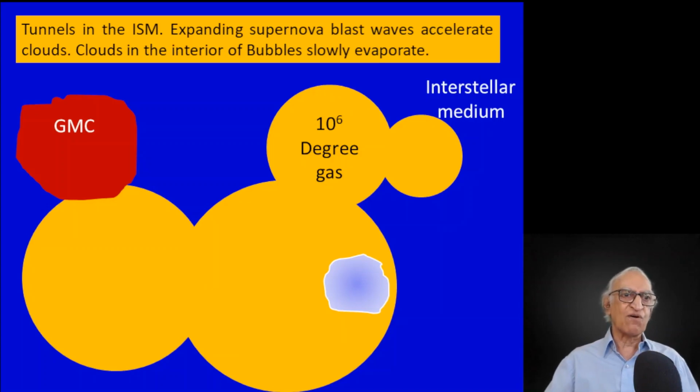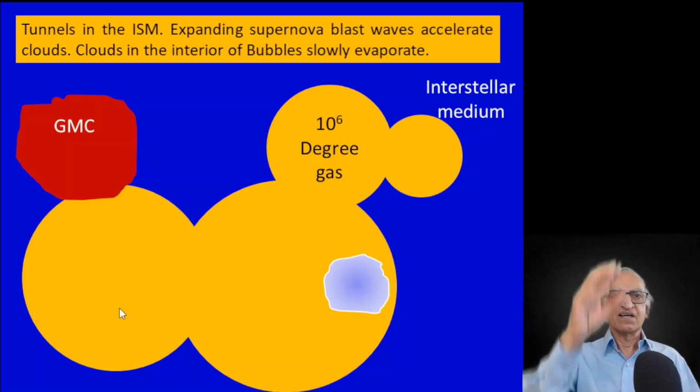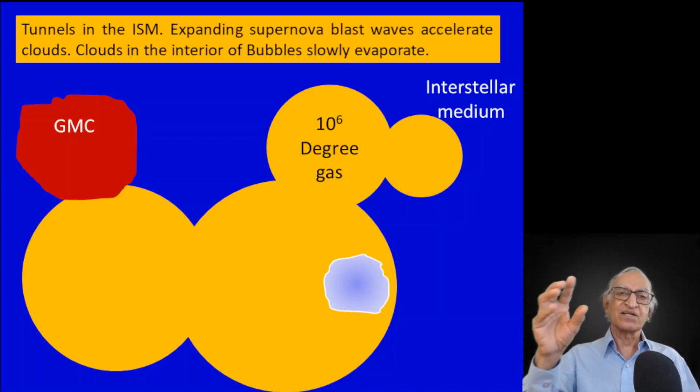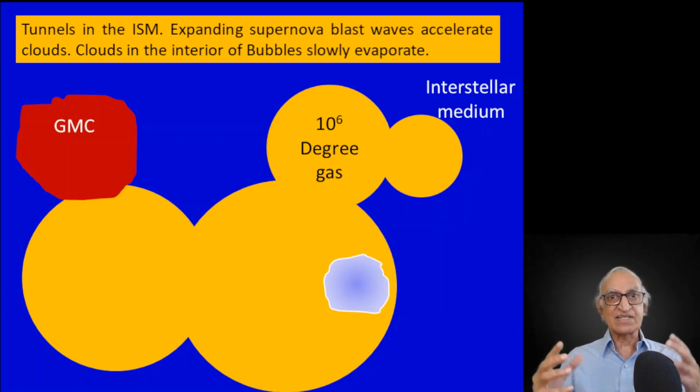And what you will form are tunnels in the interstellar medium, long tunnels. And what do you have in the tunnel? You will have swept up, compressed, million degree or 10 million degree gas everywhere in these tunnels. So the interstellar medium, our raisin pudding, is now filled with these tunnels created by expanding supernova remnants.